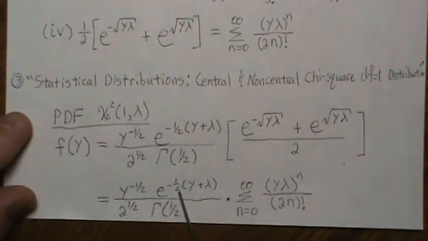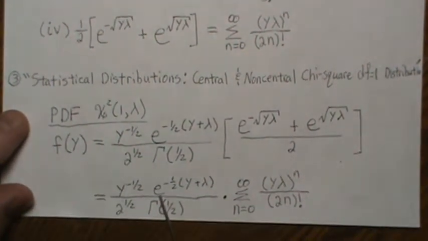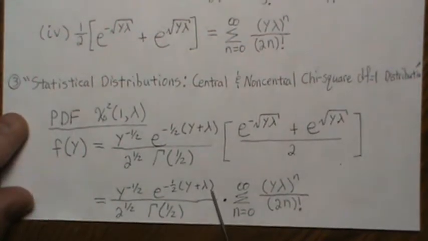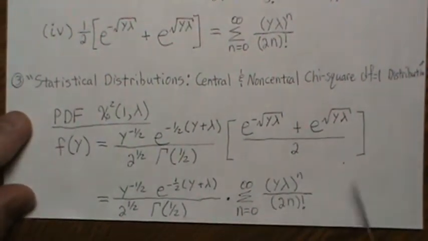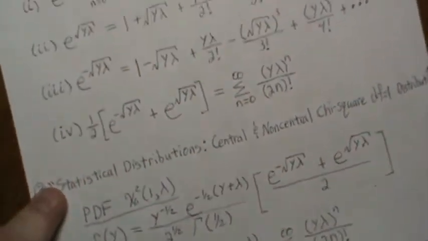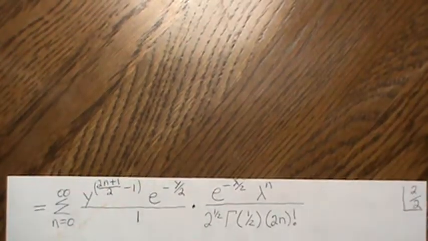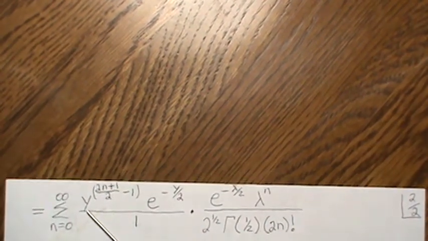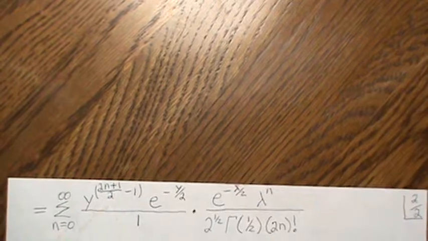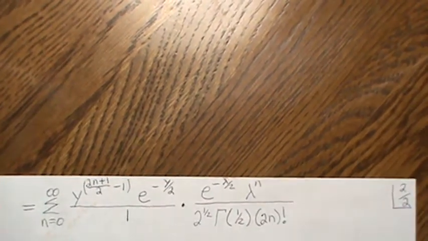So e to the minus 1/2 y can be split to times e to the minus 1/2 lambda, or lambda over 2, and the rest stays the same. So here's the lambda to the n, and then the y to the n was combined with the minus 1/2 into this.